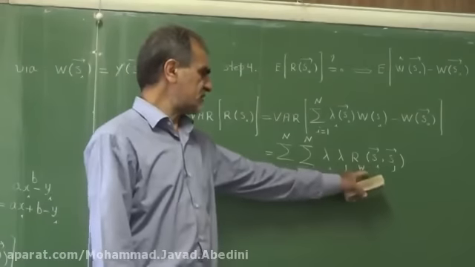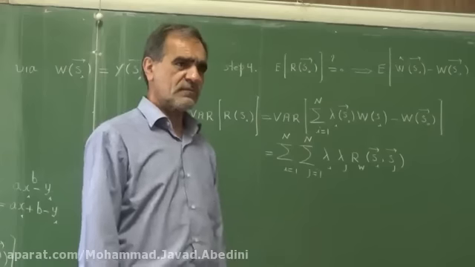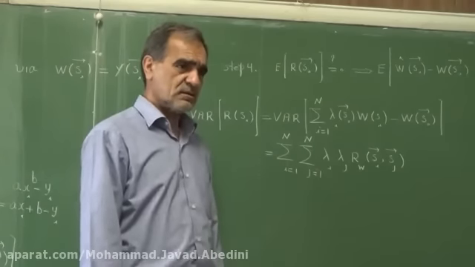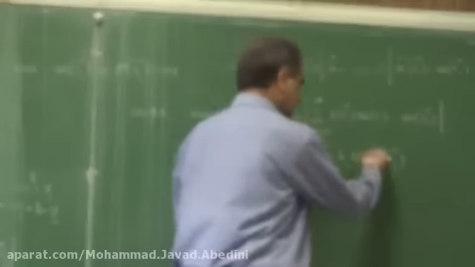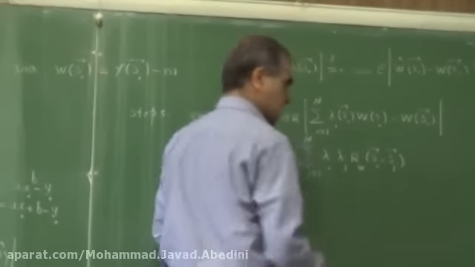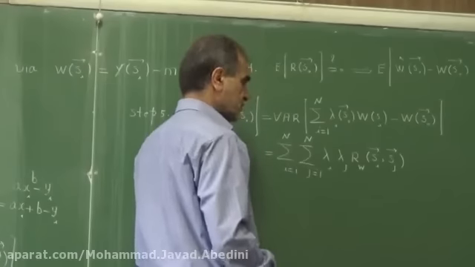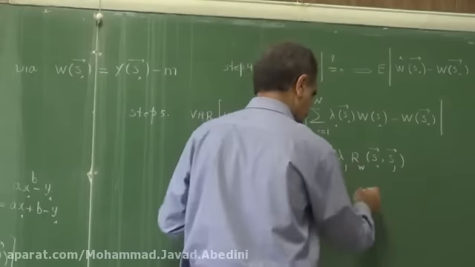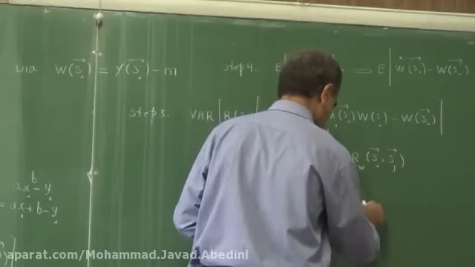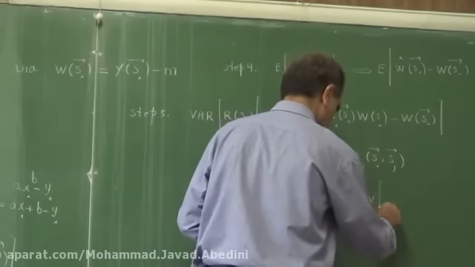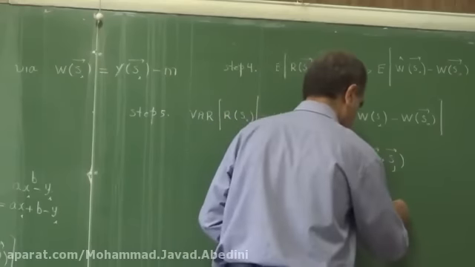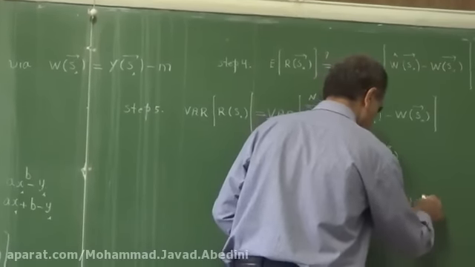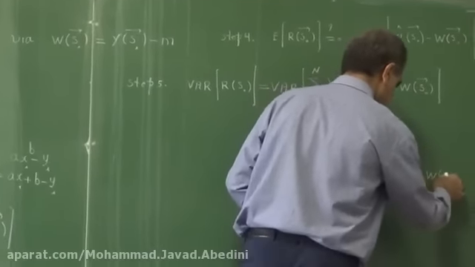What is this, Mrs. Rajabzadeh? Covariance of what? If you want to write down the expanded version of this, how you would proceed. If you want to write down the expanded version of this, it's going to be covariance of W at SI and W at SJ.